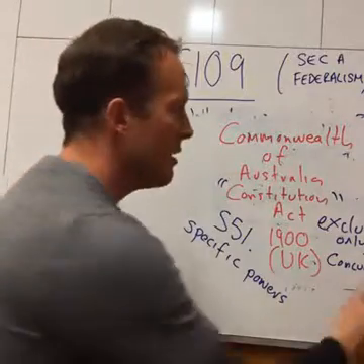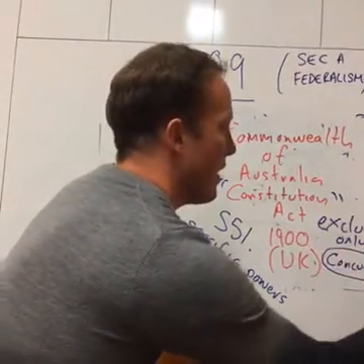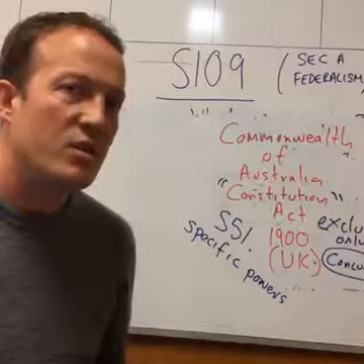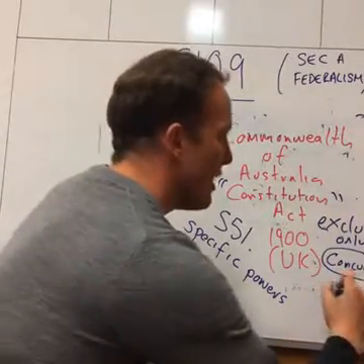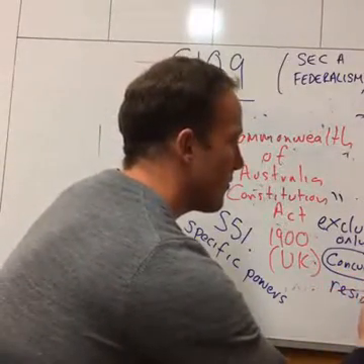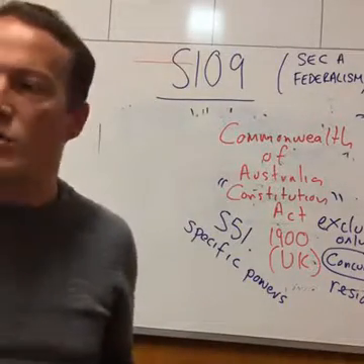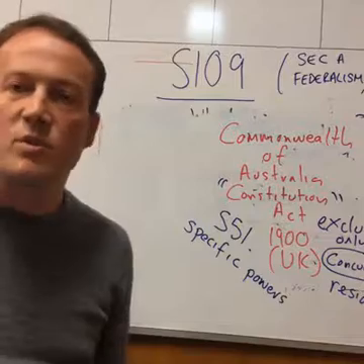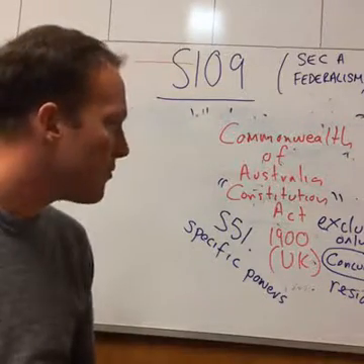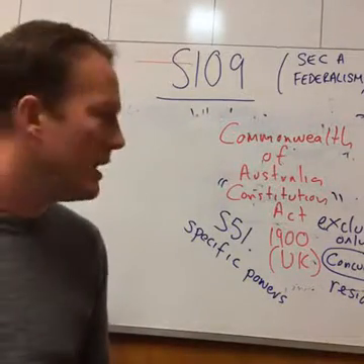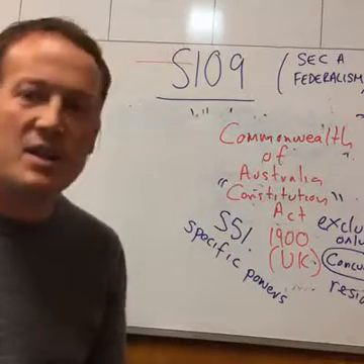We'll come back to that in a little bit. Anything that's not mentioned in the Constitution is called residual powers, and residual powers are basically the responsibility of the states. So things like crime, transport, education, etc.